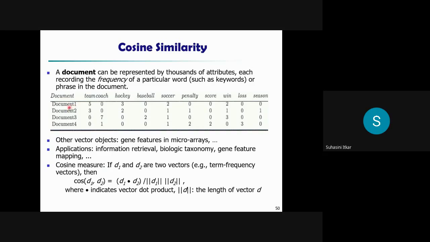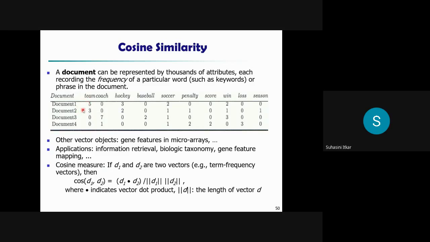So this is a data set created after pre-processing, where from the document these are the keywords, like team, coach, hockey, baseball. How many times these particular keywords appear in a particular document, that frequency is calculated.